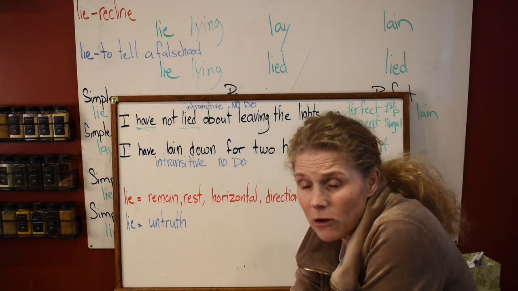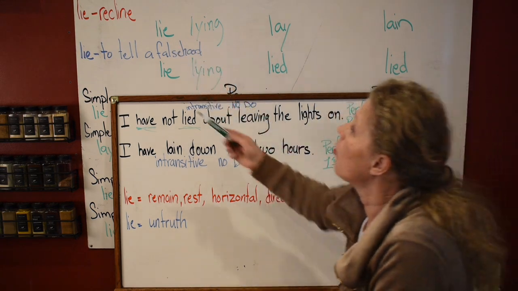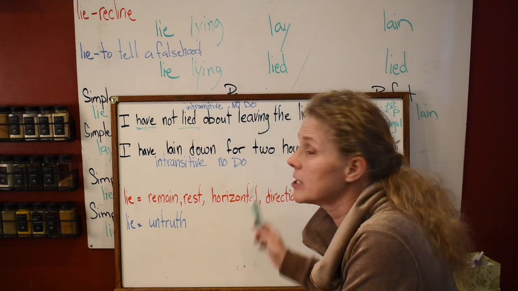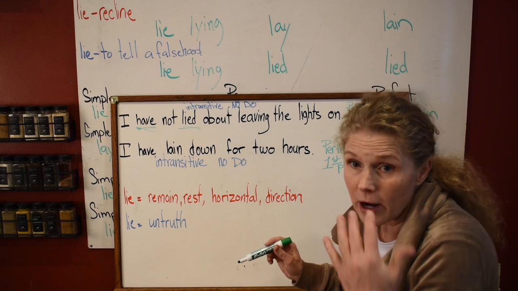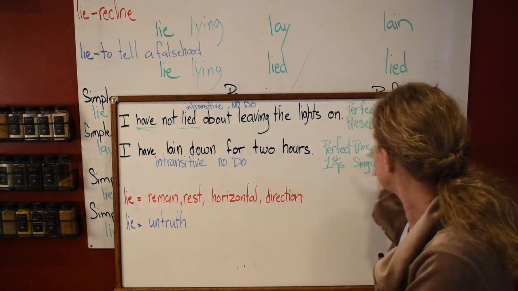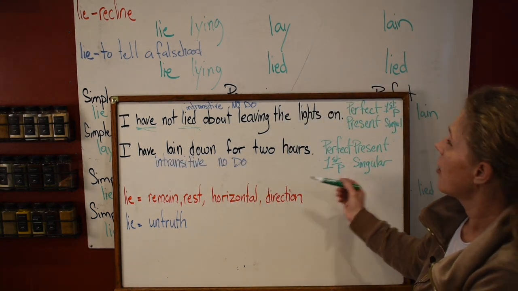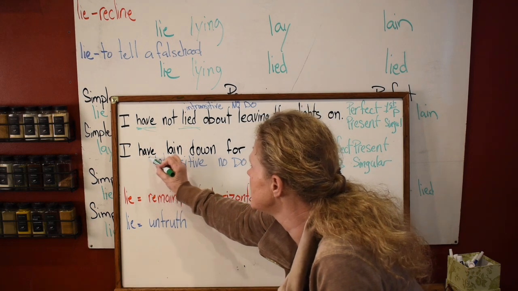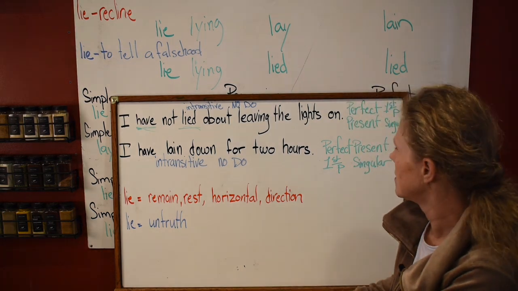So no matter how you're using it, whether you're using it as a recline or if you're using it as a falsehood, it does not take a direct object. They are both intransitive verbs no matter how you're using them. So we are sitting in the perfect present tense. It's first person, singular, first person right there.